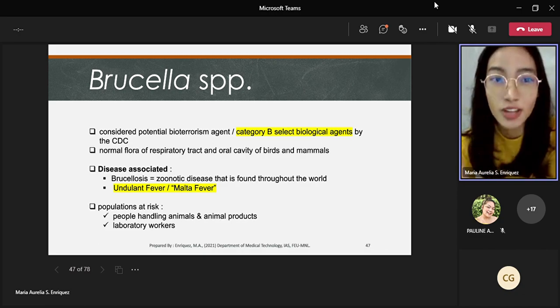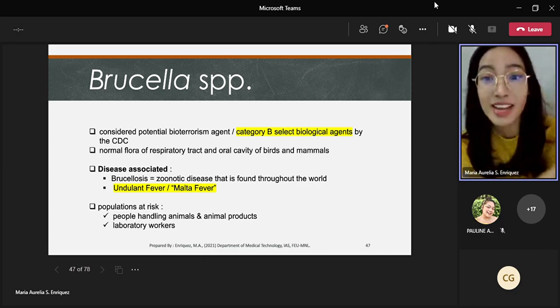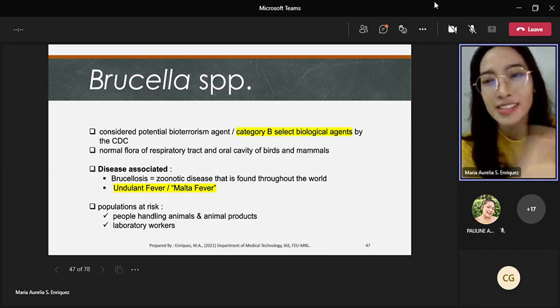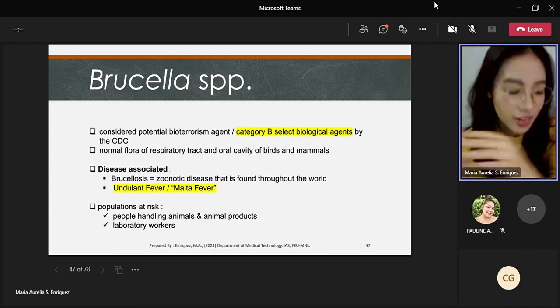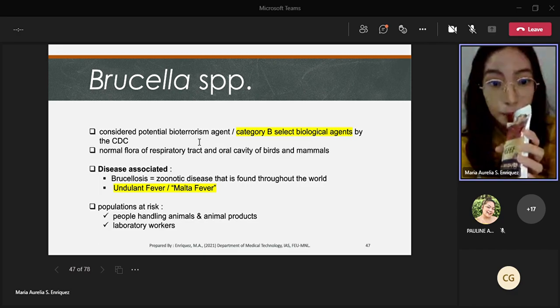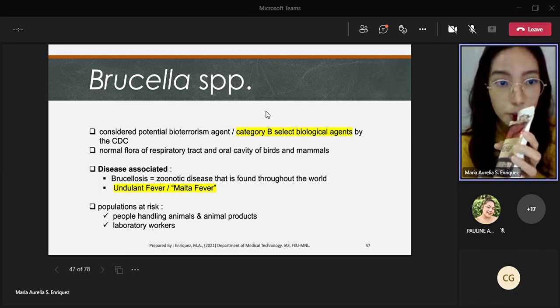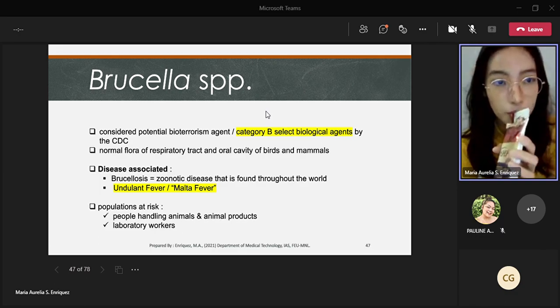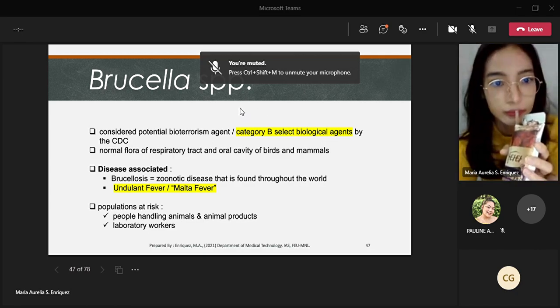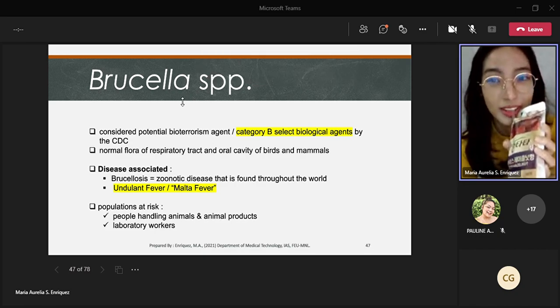Recall time, hindi ko to pinlano, pero recall time po. Ano yung isa pang organism na discuss natin last time which has been classified as a category A bioterrorism agent? Nakalimutan na.